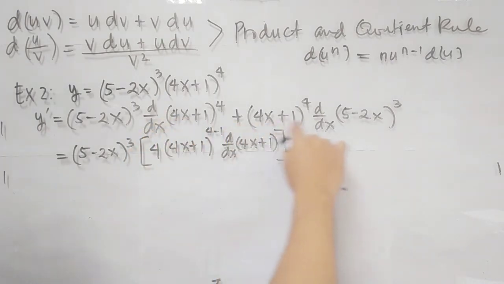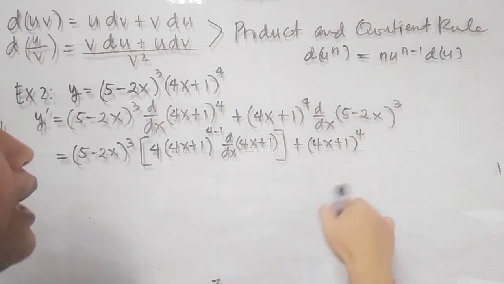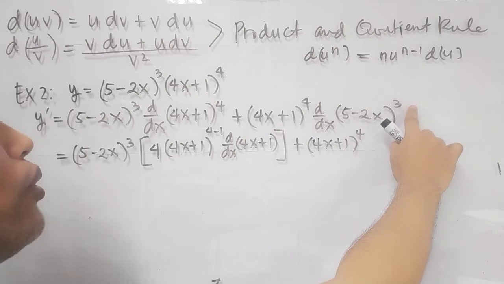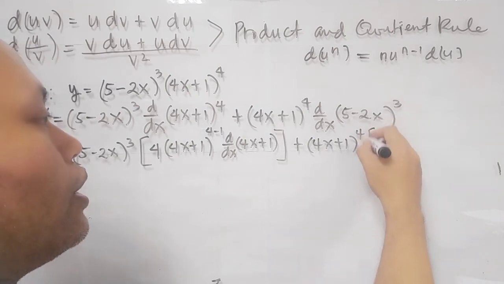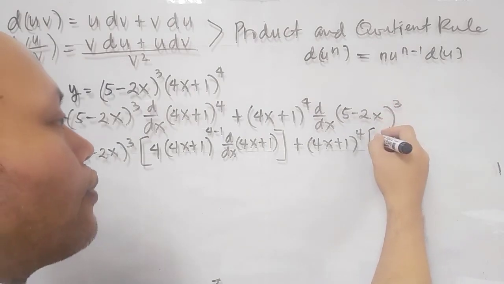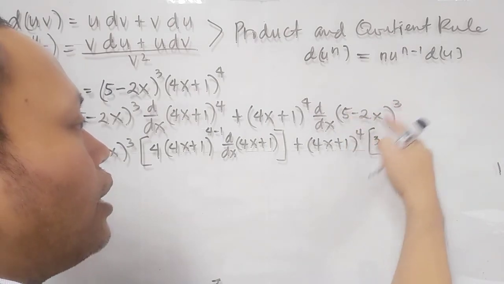And then we will proceed. We have plus 4x plus 1 raised to 4, just copy this one. And then again, this is power rule. You have here your exponent, therefore you have to follow this formula again. This is 3. You write first the 3, and then u to the n minus 1.